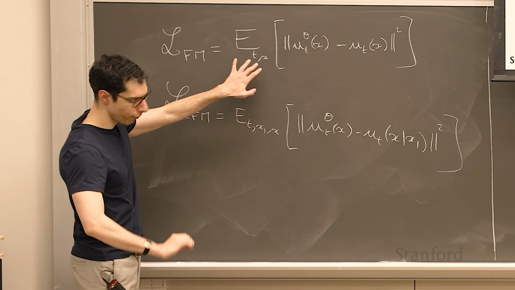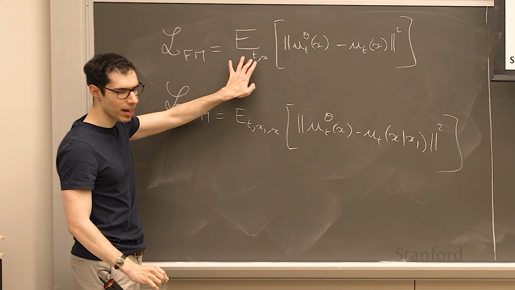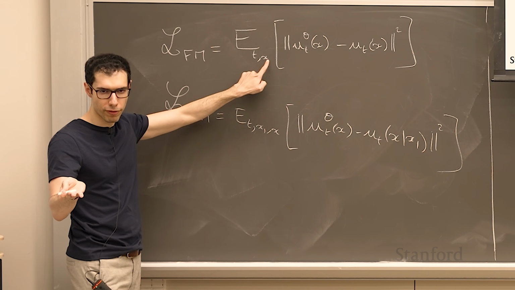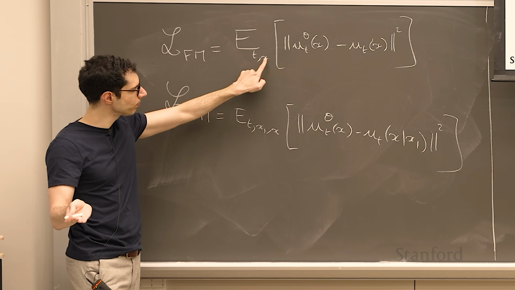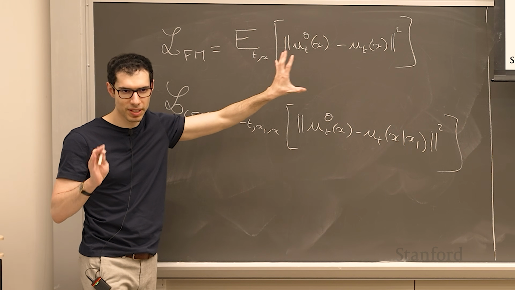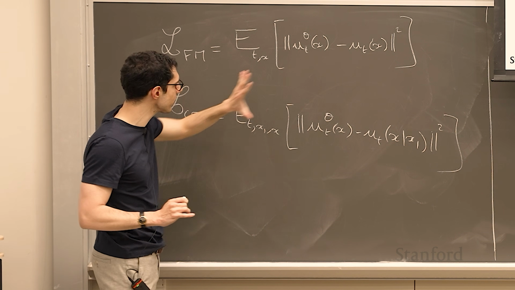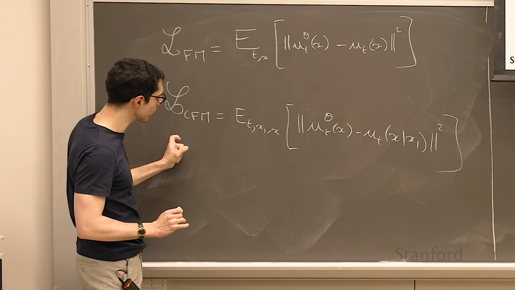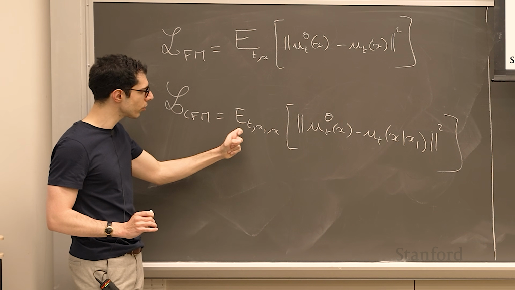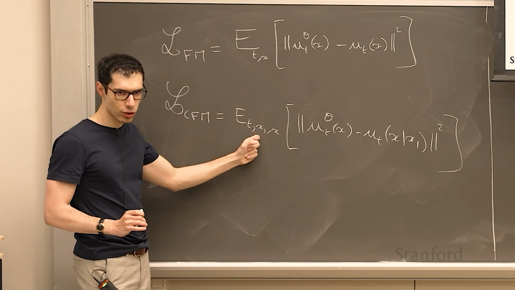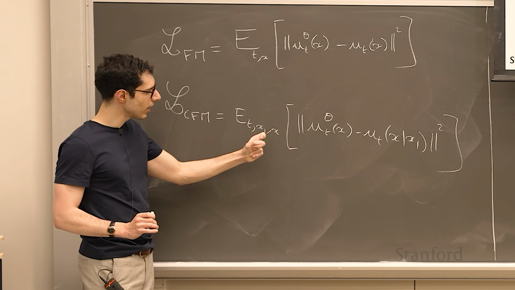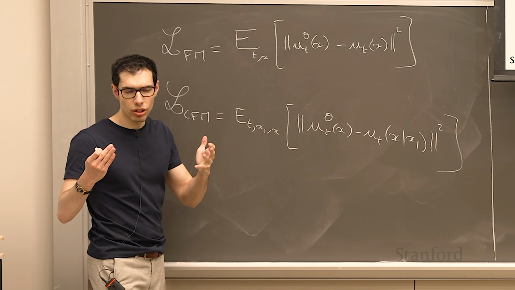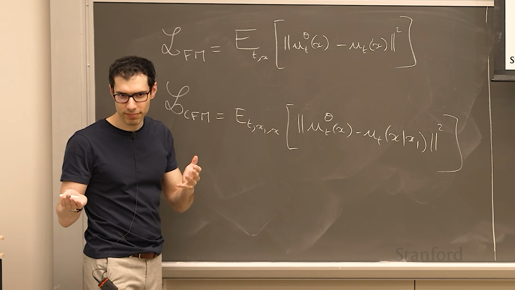If we aggregate over time steps t and x drawn from the probability path pt, optimizing for this loss is the same as optimizing for the conditional flow matching loss, where the expectation is over t, x1, and x belonging to the conditional probability path.